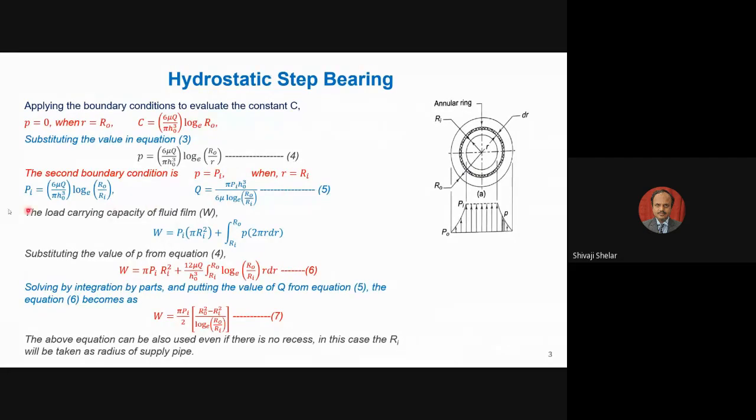These are the critical parameters when we talk about a hydrostatic bearing: what supply pressure is required, and what flow rate is required for a given minimum h naught to be maintained, based on the inside radius and outside radius, and based on your load carrying capacity. These are the supply pressure and flow requirement.